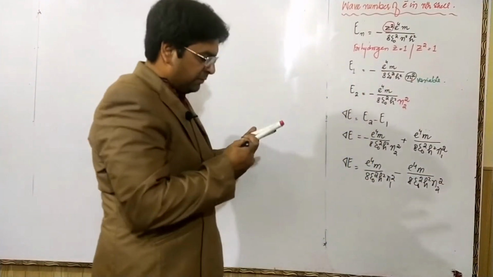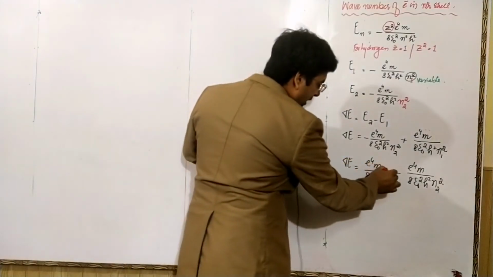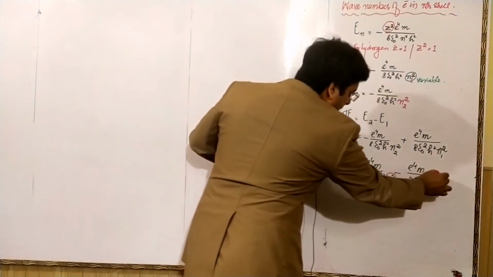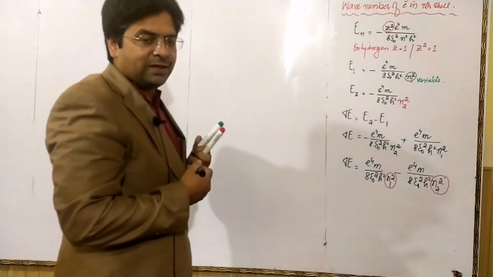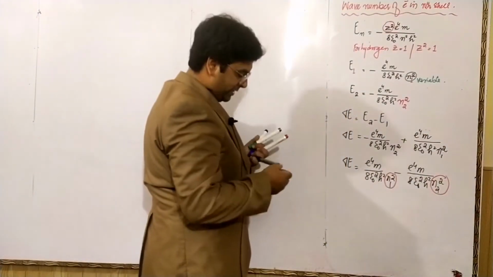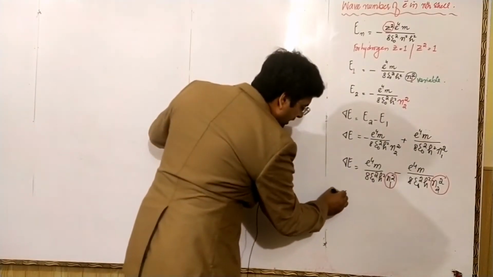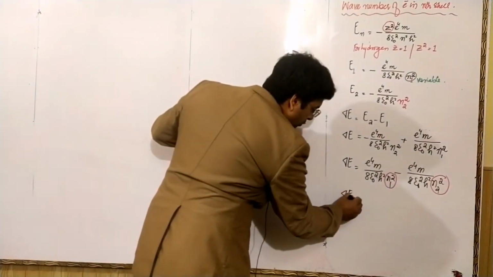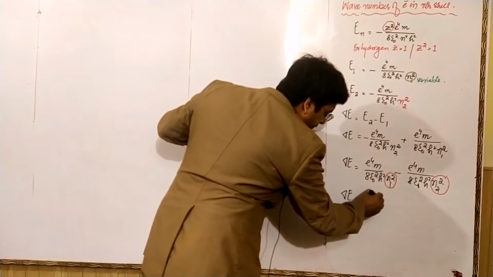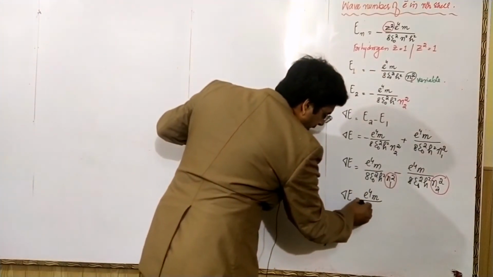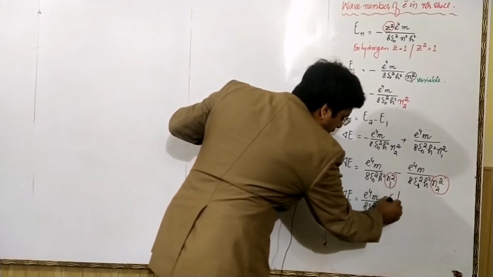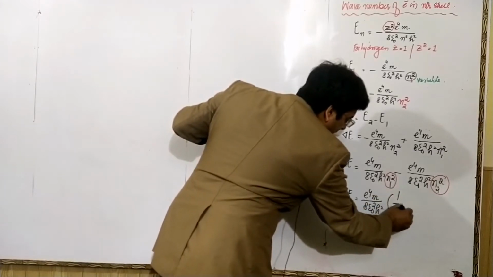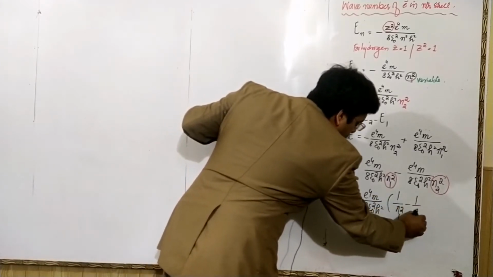From this, two factors are variable, n1 and n2. All other factors are constant. We can separate out the common factors from this equation. Delta E will become equal to e^4 m divided by 8 epsilon naught square h square into 1 over n1 square minus 1 over n2 square.